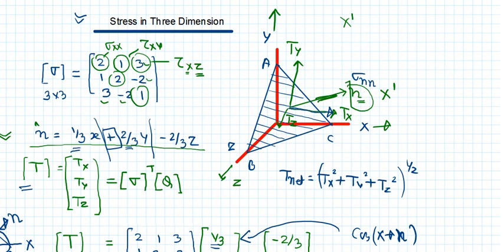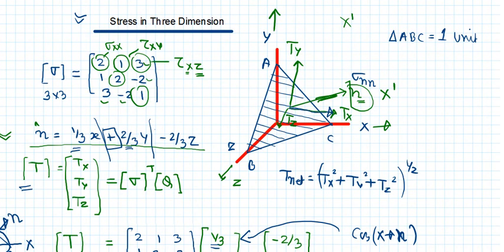And as I told you, this plane ABC, the area of ABC is 1 unit. So whatever will be the force acting on this plane divided by area is nothing but the stress.